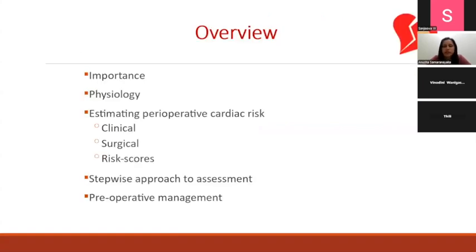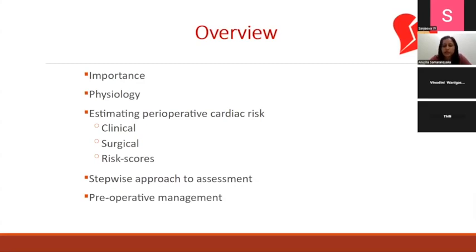So today I'm going to discuss basically why exactly it is important to be discussed, and then a bit of physiology behind the mechanism of perioperative myocardial injury and infarctions, and how to estimate the perioperative risk based on the patient's underlying clinical conditions, functional capacity, and how to calculate the surgical risk.